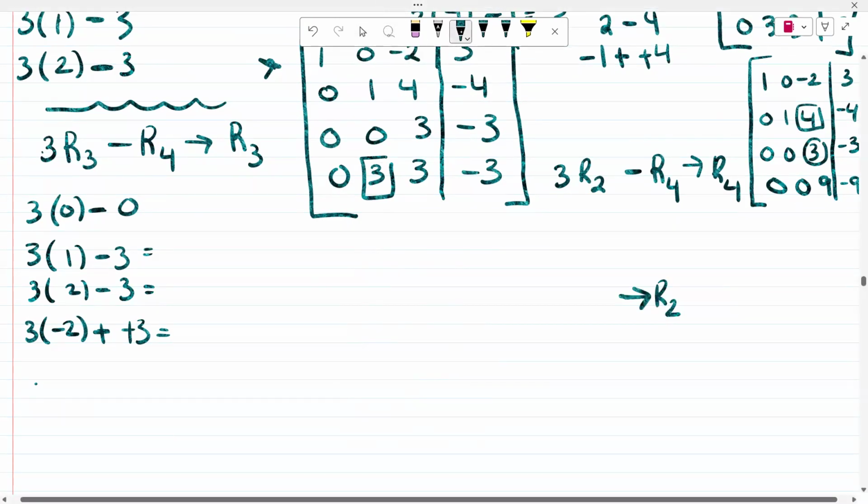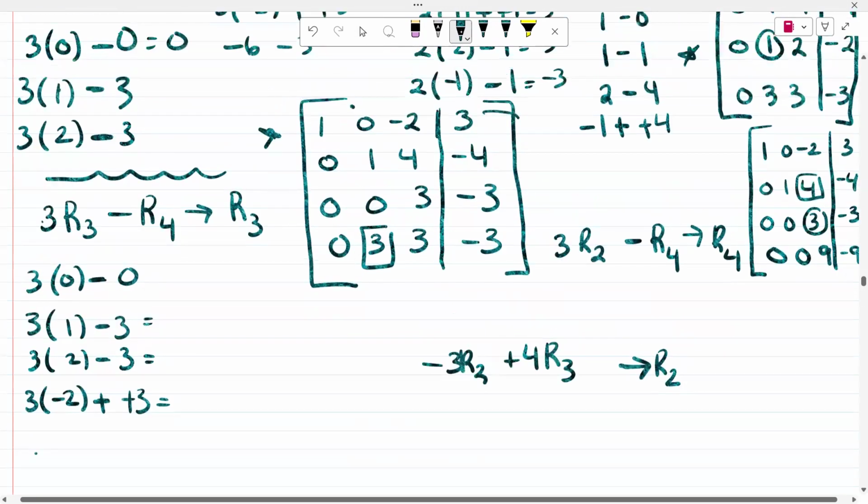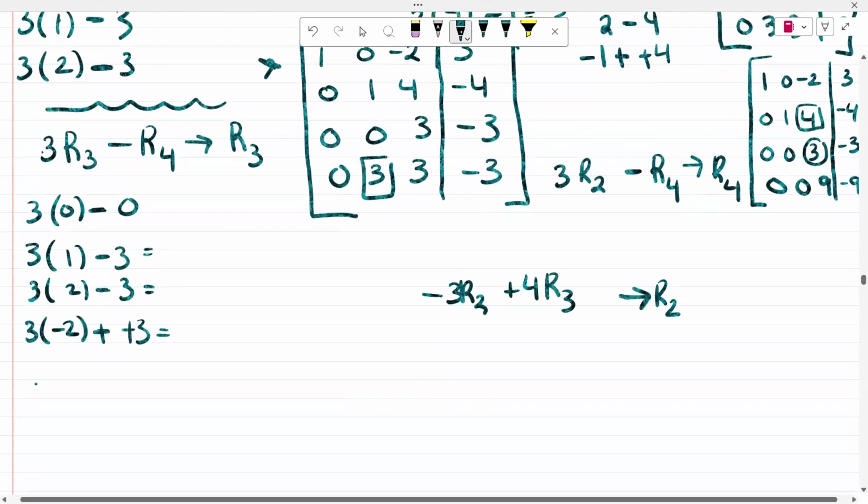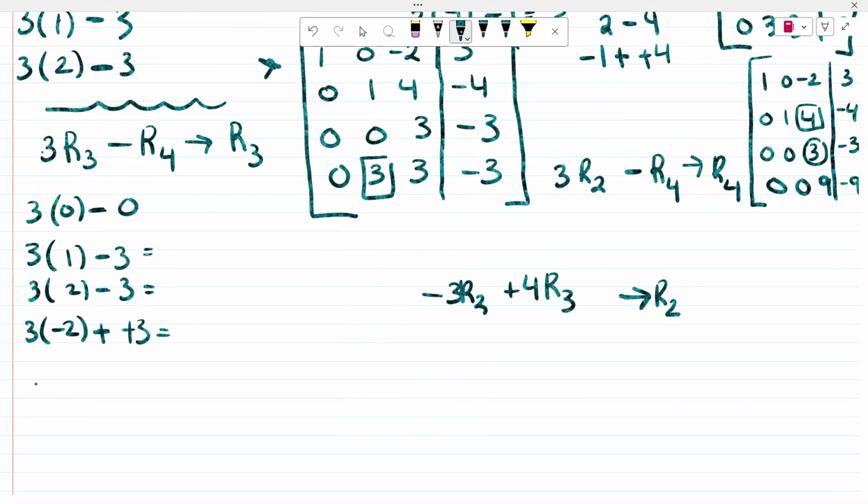By saying -3 times row 2 plus 4 row 3. And that'll give us your new row 2. Because you kind of have the idea of how to do order of operations, I'm just going to put the answer. So -3 times row 2 plus 4 row 3.